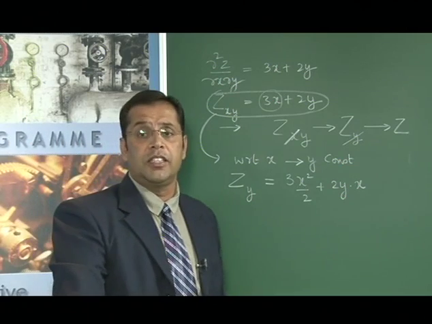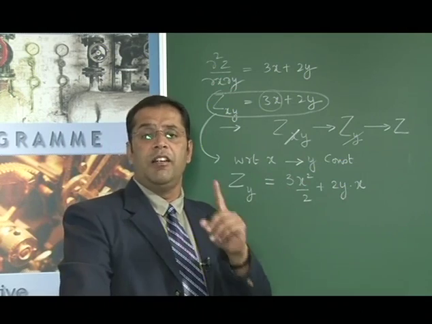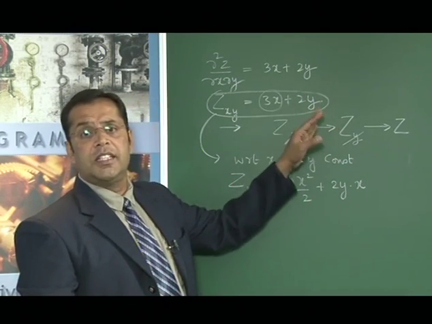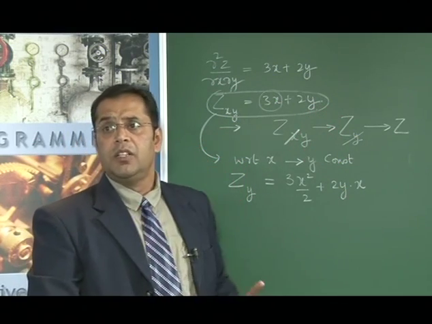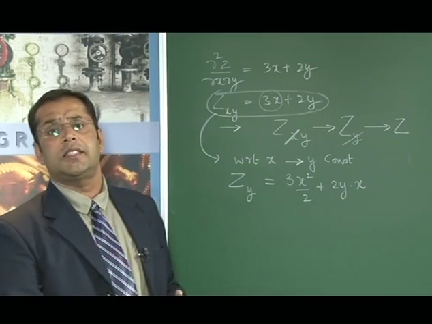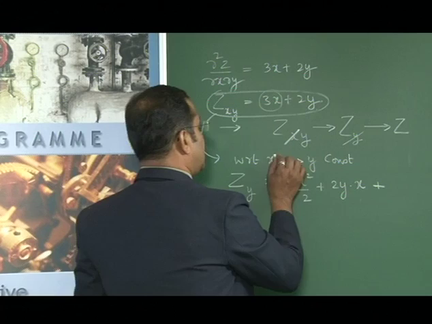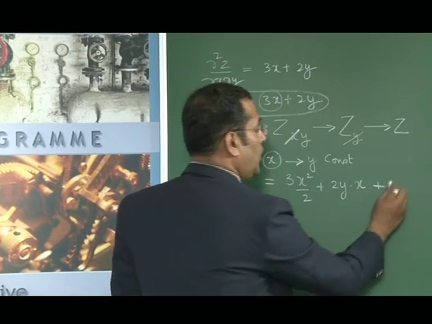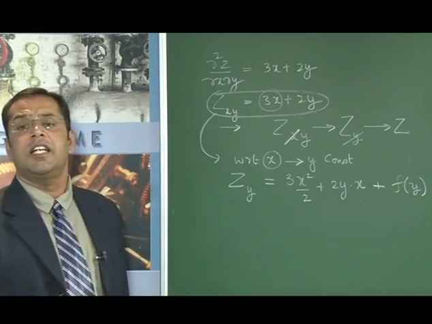Wherever you come across a constant term, take the constant outside and integrate the remaining part. In this case, 2 and y are both constants. If these two terms are taken out, you are left with 1, whose integration with respect to x is the variable x itself. Then plus, because you have done an integration with respect to x, add an arbitrary function of y as the constant.